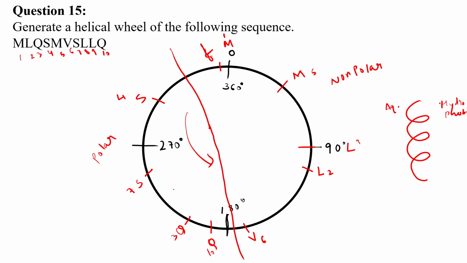So this is basically the aqueous side of the helix, and this is basically the hydrophobic side of the helix. Okay, so that's how you make a helical wheel, and you can determine which residues will go on what side of the helix.